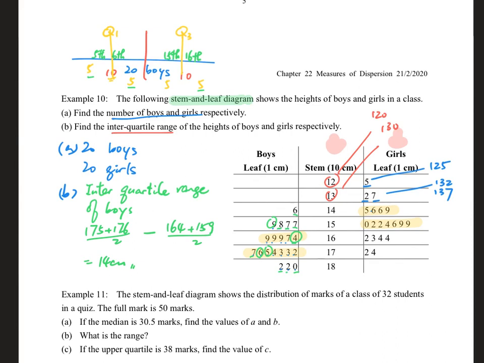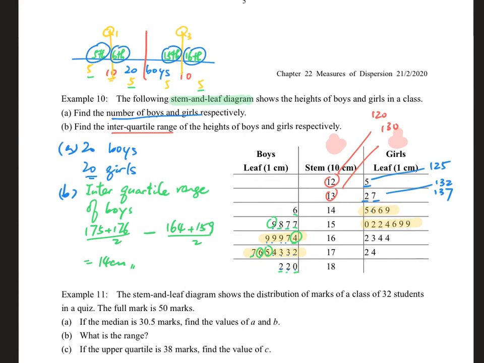Now can you try to think of the girls by yourselves? By luck, there are also 20 girls. So the 5th and 6th data give you Q1, and the 15th and 16th data give you Q3.